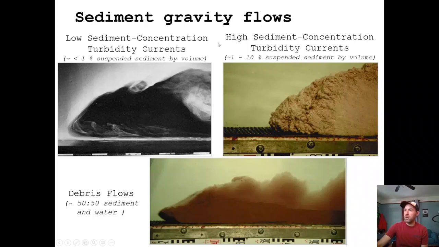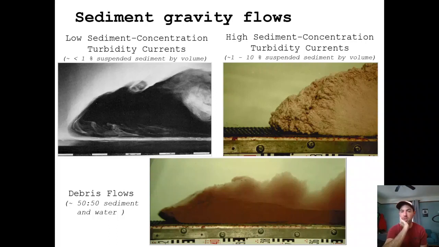A turbidity current is still a very high concentration of sediment in the water column, right? We're talking about 1% or 10% suspended sediment by volume, whereas in a fluvial system, you might be talking about 0.001 or 0.0001%.